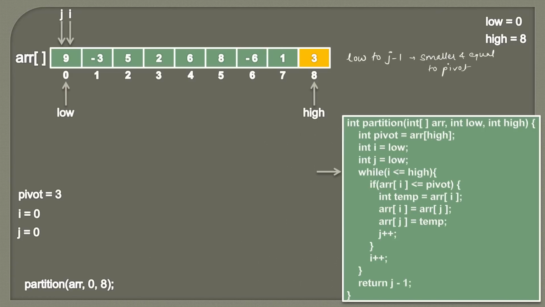Means all the elements smaller than pivot come from low to j-1, including the elements which are equal to pivot. From j to i-1, we will have all the elements greater than pivot. And from i to high, the elements are yet to be traversed.